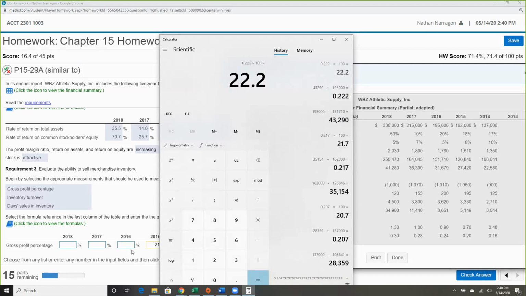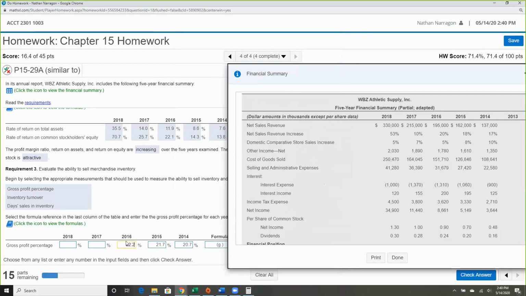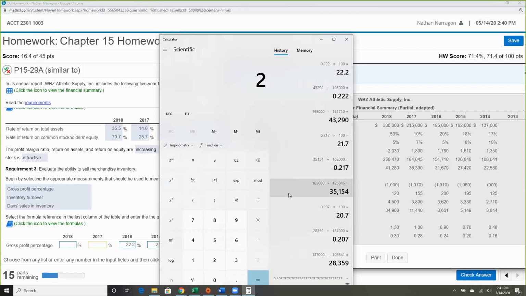We're at 22.2. Okay, 17 to 15, minus cost of goods sold, divided by sales. 23.7.